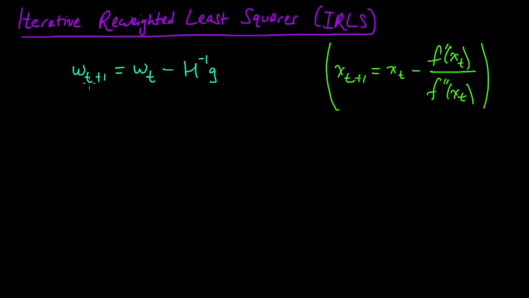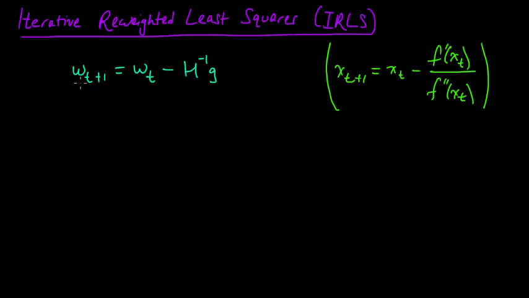And here, this is the same thing. It's w_{t+1} equals w_t minus, and the only natural thing for the second derivative of a multi-dimensional function is the Hessian. The only way to naturally divide by a matrix is to take the inverse. And the only way to combine a matrix with a vector is in this way.